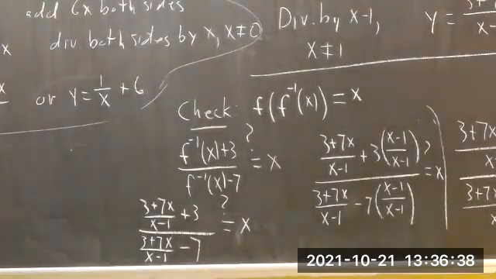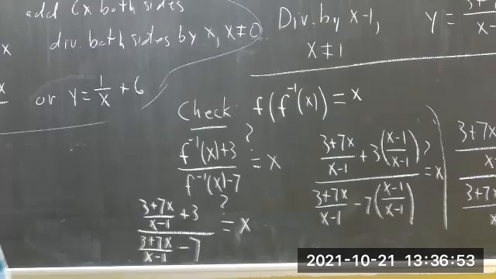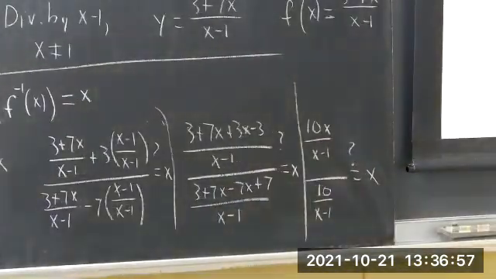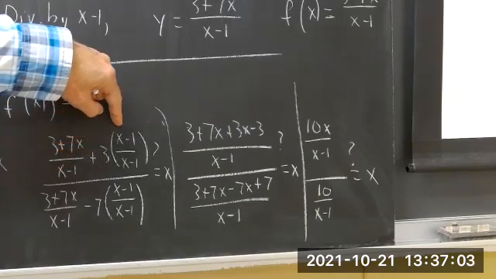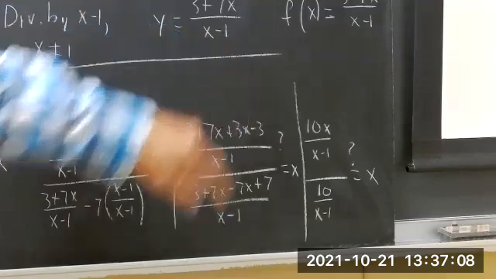After this step, we multiply 3 times x minus 1 to get 3x minus 3.